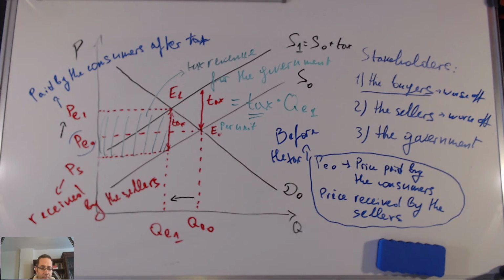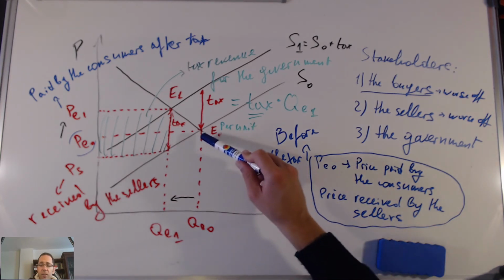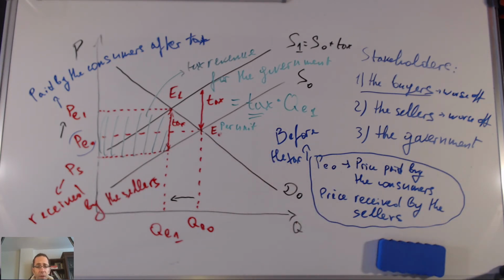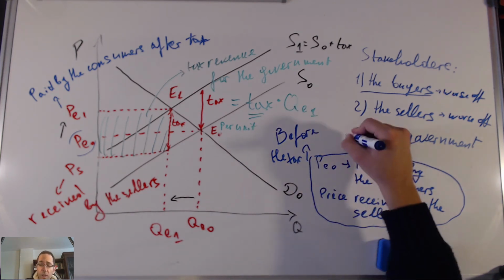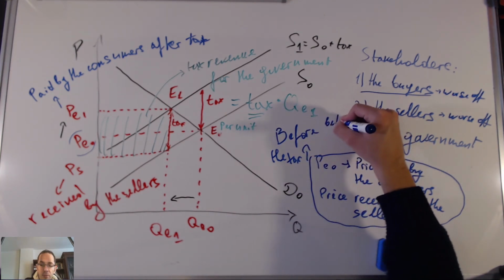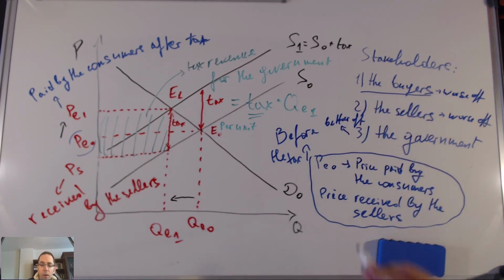Now the government is the one that seems to be benefiting from the situation, because before the tax the government was not receiving any revenue, and after the tax the government is receiving a revenue equal to the tax times QE1. So the government may be better off. Now, looking at the situation like this, it seems that the tax is not benefiting anyone but the government. So why do we have taxes, you may ask yourself?